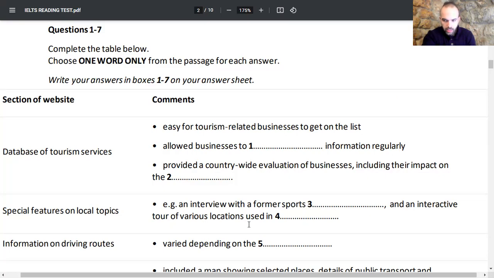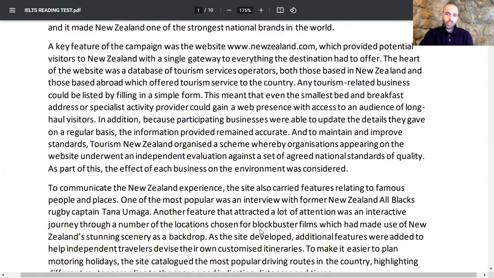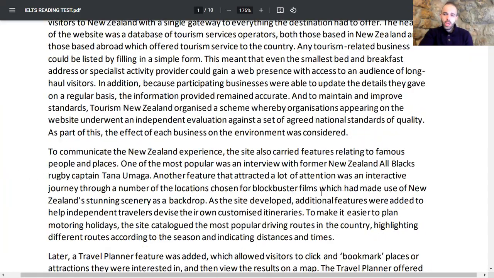Here we have some keywords, which are interactive tool and location. Remember that paragraph 3 refers to famous people and places, locations. We find the answer in the middle of paragraph 3, by the way. The sentence starts, another feature that attracted a lot of attention was an interactive journey.